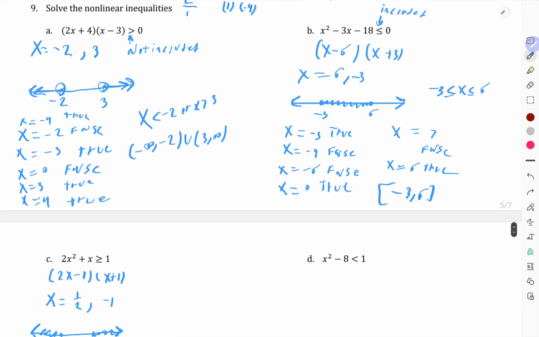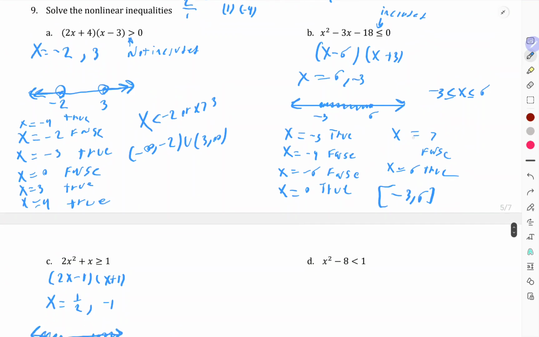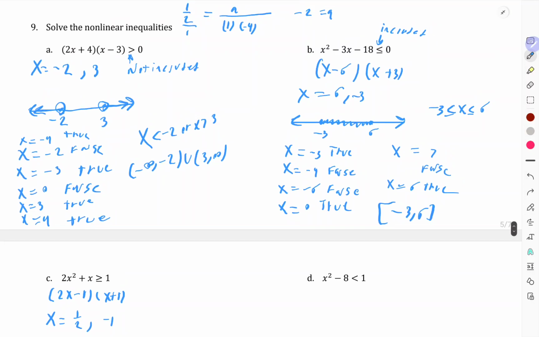So solve them, get the x-intercepts, and then plug them in to make sure they are included or not included. For example, this one is not included, so negative 2 is false, that means it's not included. So that's true, that's true, so that means it goes outwards. And for 3, wait, okay, I need to recheck this. Let's plug in 3, for example. 2 times 3 plus 4, 3 minus 3.